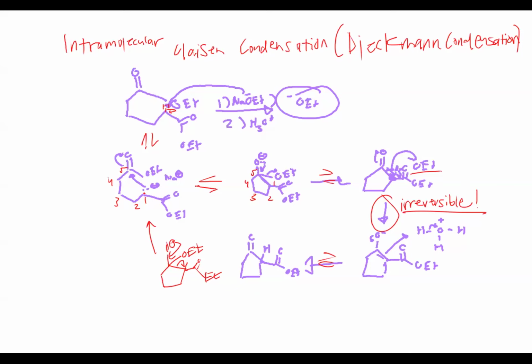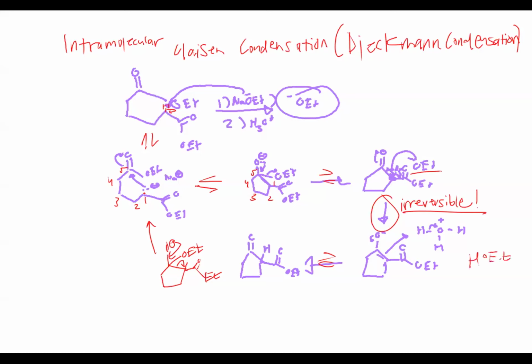Okay. And then you said this step is irreversible. Yeah, the step that's irreversible is the vengeance step, when the bad leaving group comes back to grab the alpha hydrogen between the two carbonyls. Is it because once it's grabbed it, it's basically out of the system, and the hydrogen is not going to randomly come back?